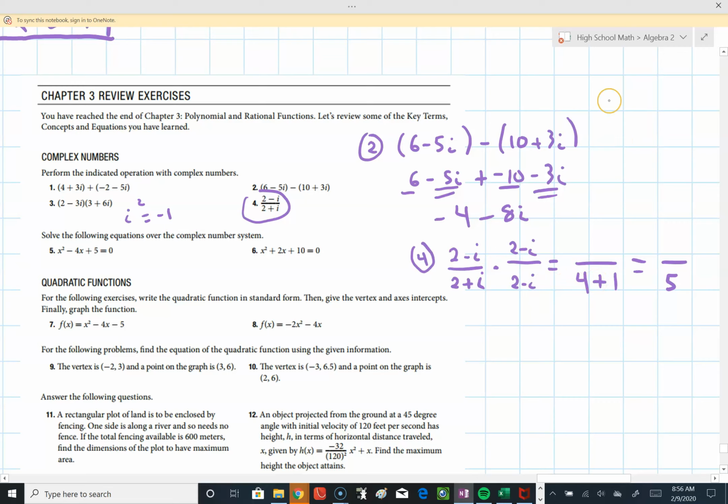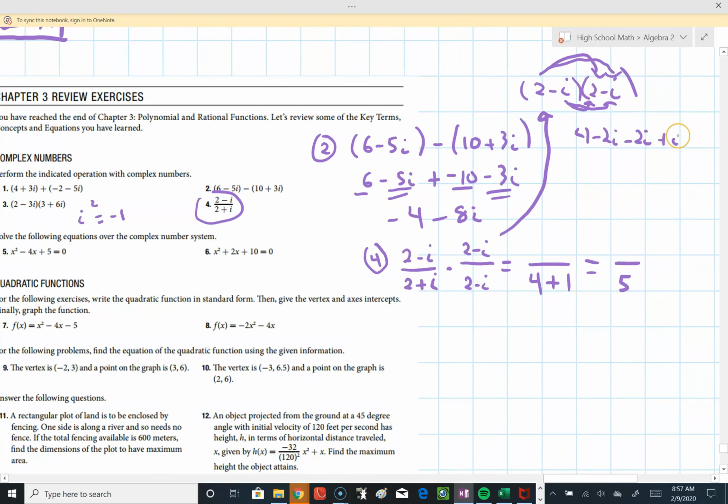I'll come up here and do that. 2 minus i, 2 minus i. Distributing, 2 times 2 is 4. 2 times minus i will be a minus 2i. We'll have another term that's minus 2i. And lastly, minus i and minus i is a plus i squared.